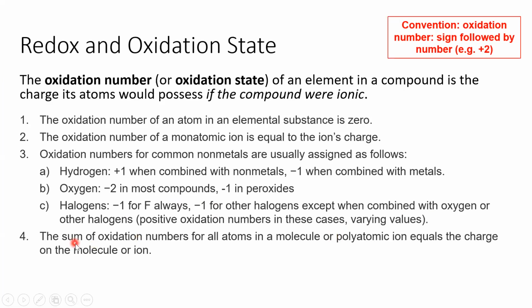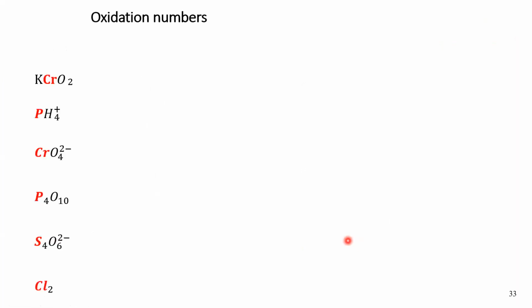Now, the sum of the oxidation numbers for all of the atoms in a molecule or in a polyatomic ion equals the charge on that molecule or ion. Molecules are neutral, so the sum of the oxidation numbers on a molecule is 0. And the sum of the oxidation numbers for polyatomic ions is the charge on that polyatomic ion. So those are all the rules. Let's look at some examples.